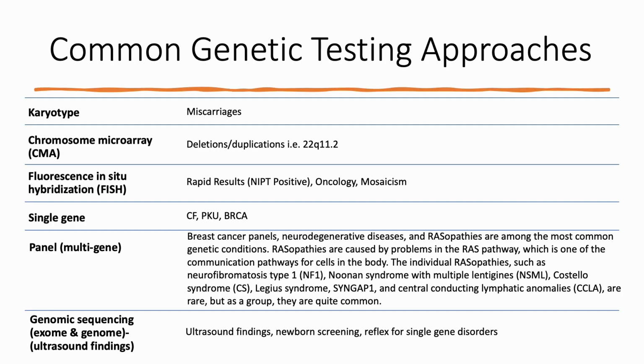Some of the common genetic testing approaches that we will cover in this four-part series include karyotype, chromosome microarray, or CMA, fluorescence in situ hybridization, or FISH, single gene testing, multi-gene panels, and genomic sequencing, including whole exome sequencing and whole genome sequencing.